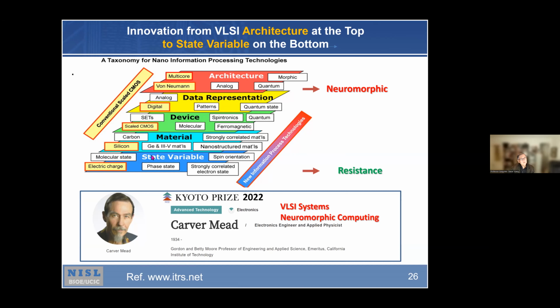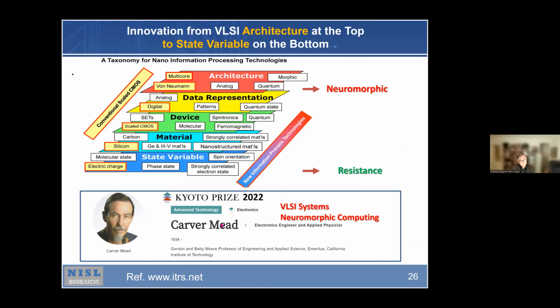In terms of state variable, all the way down, it's charge that we are relying on in typical design. Like DRAM is charging a capacitor up, or charging it down. So electric charge, but that is becoming less reliable. So we tend to move to resistance as a state variable. That's what I want to emphasize next. How can you do neuromorphic computing using resistance as a variable, for instance?